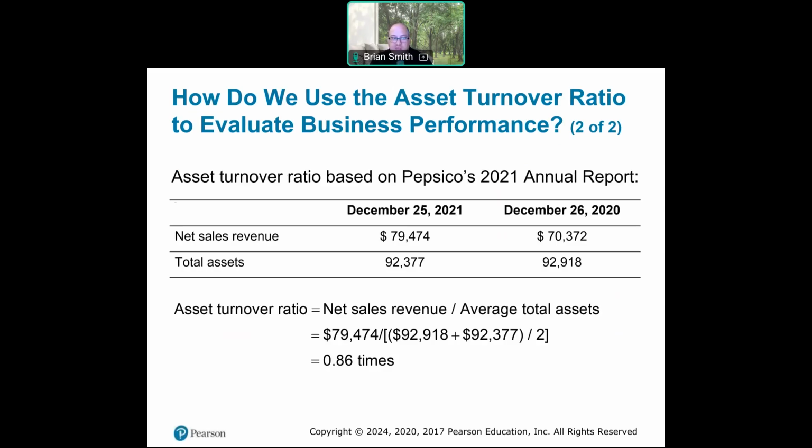You take the average by taking the beginning balance plus the ending balance and dividing by 2. For PepsiCo's annual report in 2021, the asset turnover ratio is 0.86. So we're turning over the assets 0.86 times, not quite once.